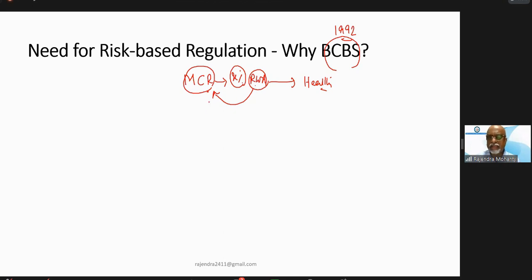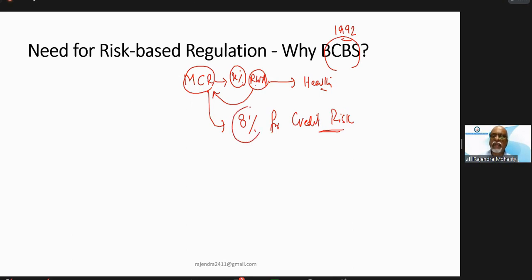So in 1992, finally this BCBS was formed, and they suggested this minimum capital requirement framework, and they suggested that minimum capital requirement should be 8% for credit risk only.